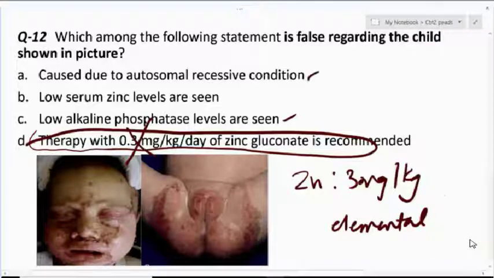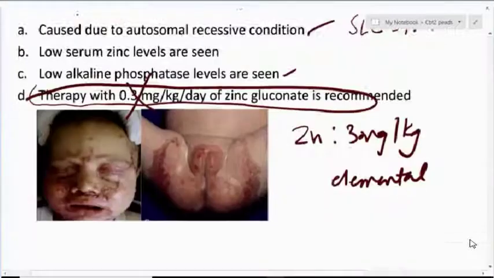Remember, it can also be a genetic disorder because of a genetic defect in intestinal zinc transporter. There's an intestinal zinc transporter gene called SLC39A4. This gene is affected and can cause acrodermatitis enteropathica in these children.